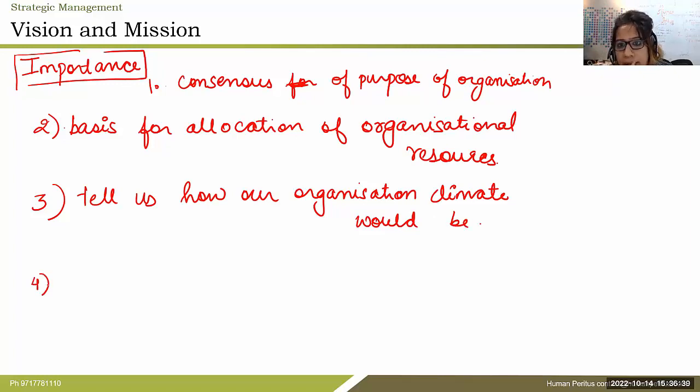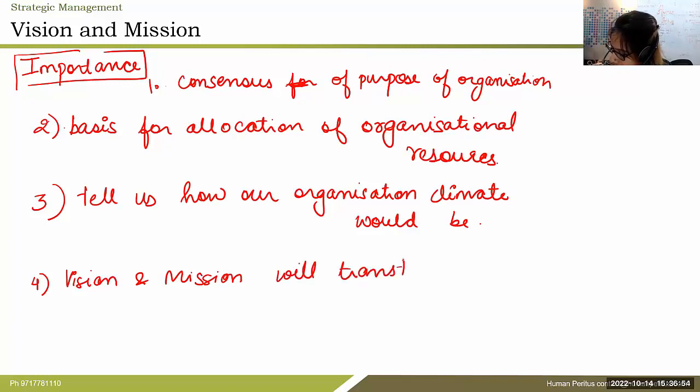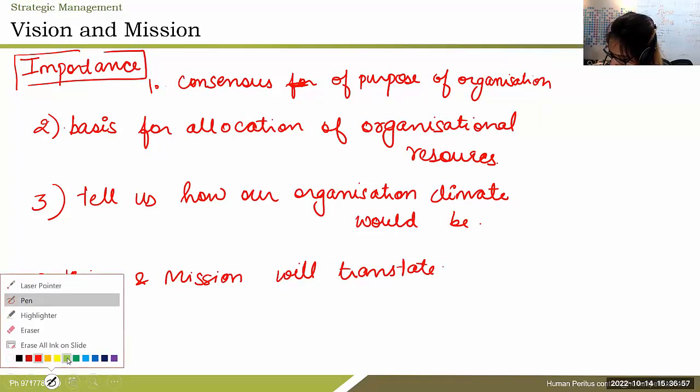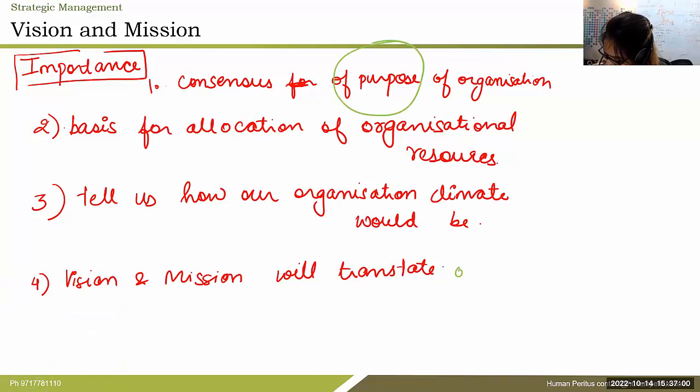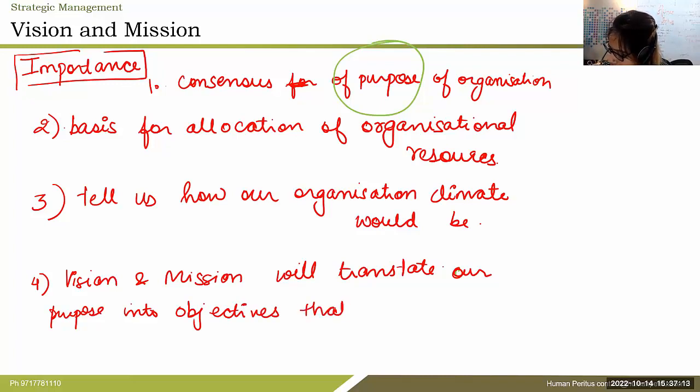I taught you in the first diagram that these vision and mission will translate our purpose into objectives that can be achieved. All right. So this is the importance of vision and mission.